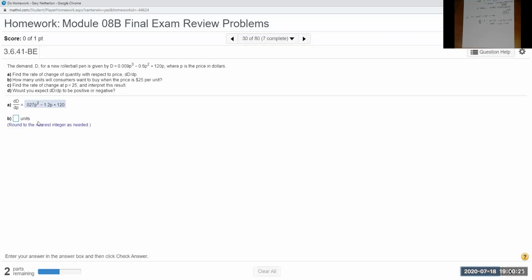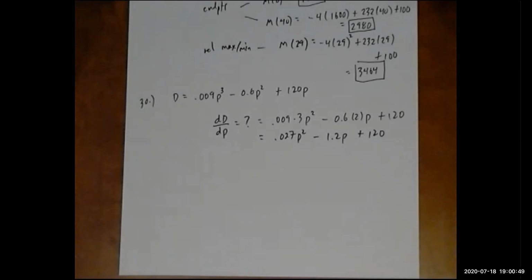Now the second part is, how many units will consumers want to buy when the price is 25 per unit? So basically, if the cost is 25, what will the demand be? So I'm going to plug 25 in for P into the original equation.